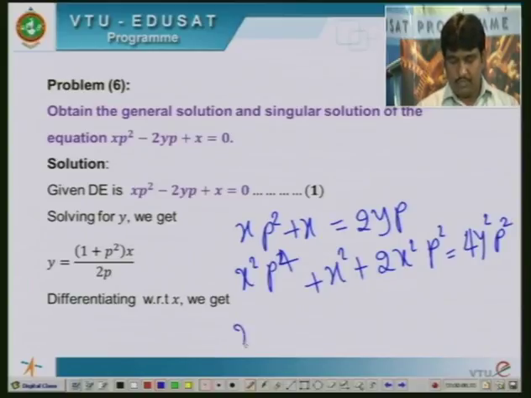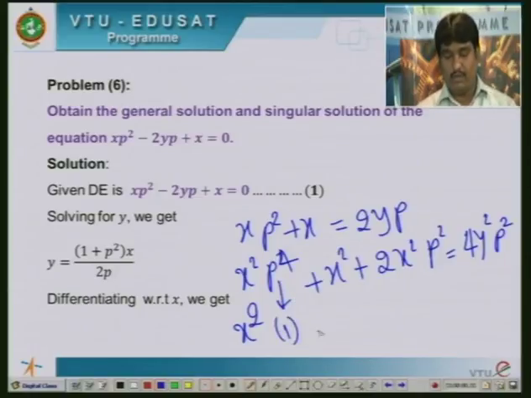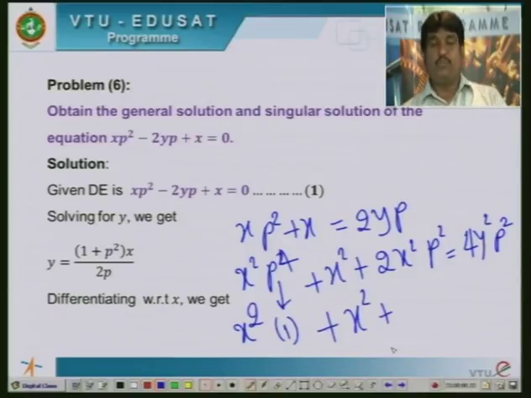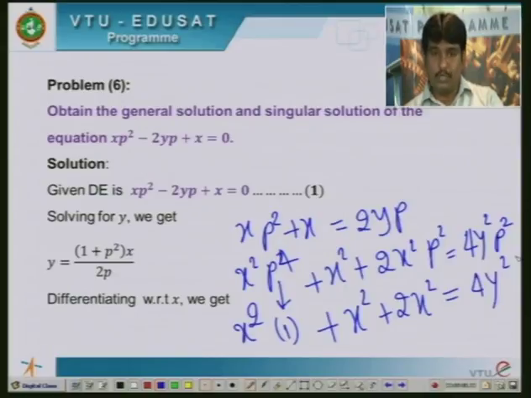So you substitute here, it is x square into p to the power of 4. P square is 1, so p to the power of 4 is also 1, plus x square here, plus p square is 1, so it is 2x square, equals 4y square into p square, which is 1. Okay.